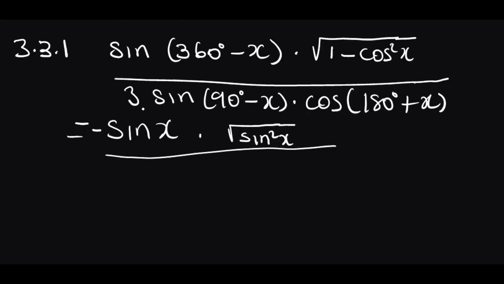Okay, all over what? This is 3 sine of 90 degrees minus x, which can be written as 3 cos x, since we know that once we have 90 degrees, we use the co-ratios. Times cos of 180 degrees plus x, which is in the third quadrant, and we know that in the third quadrant cos is always negative.